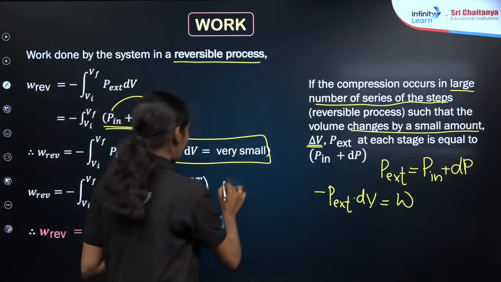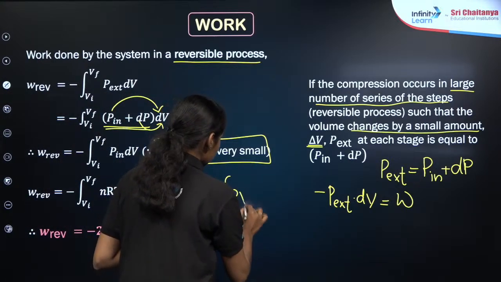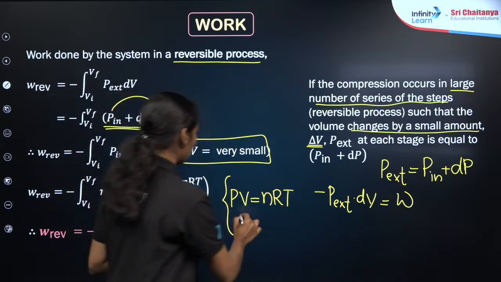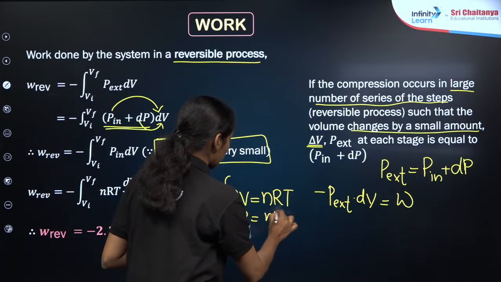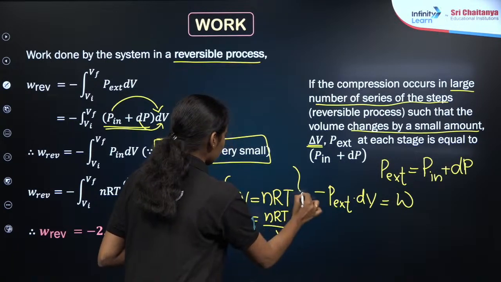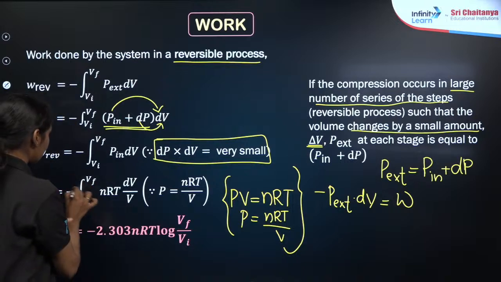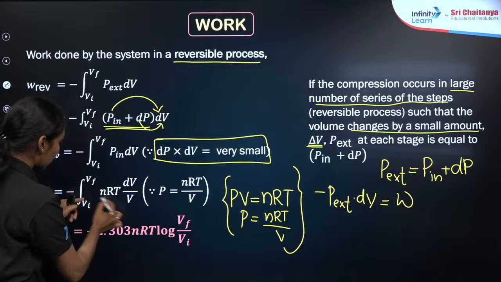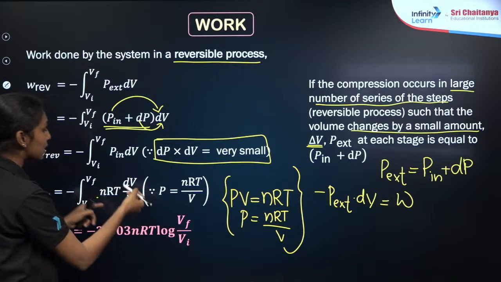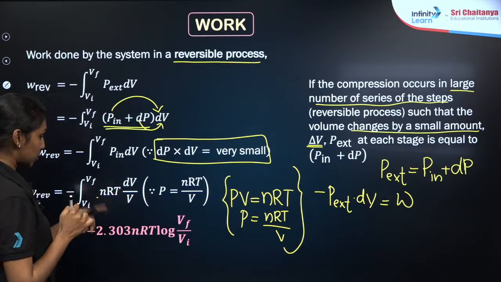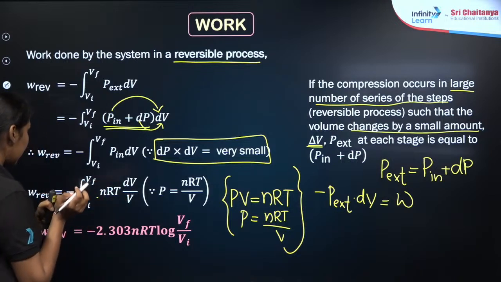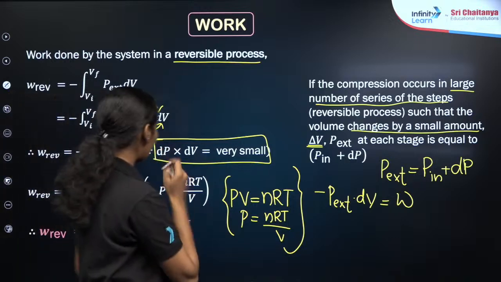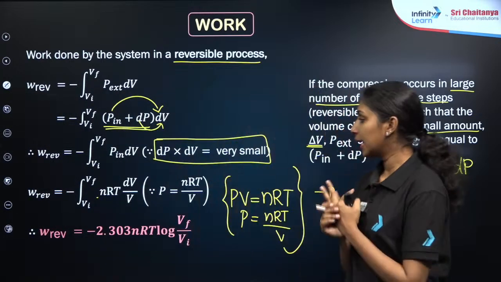Now again we take the ideal gas equation, PV is equal to nRT, or pressure is equal to nRT by V. So I take the term negative integral of Vi to Vf of nRT by V, and for simplicity, dV by V. I hope everyone knows the integration part.